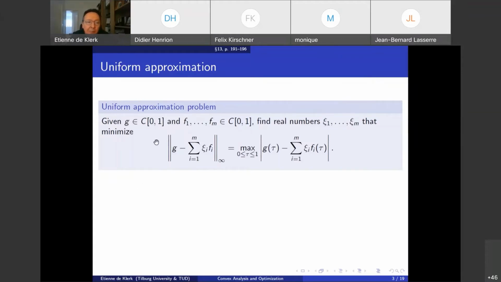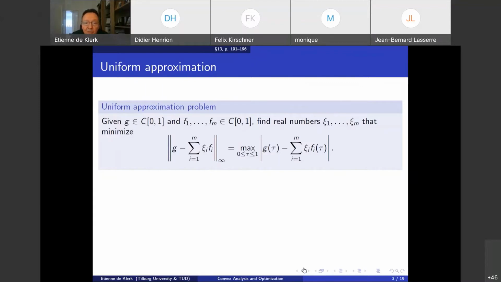More generally in approximation theory, one is interested in approximating a given function from some finite dimensional function space. You can view these as spanning some finite dimensional function space, and we want to get the best approximation of a given g in some sense from this function space spanned by these functions.